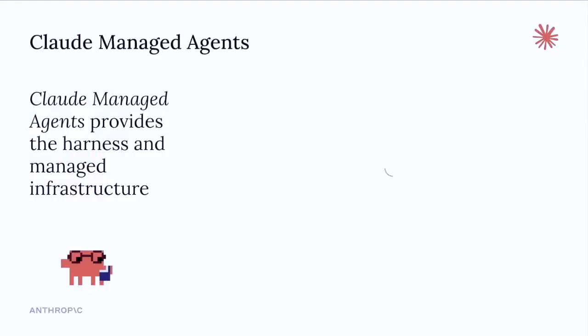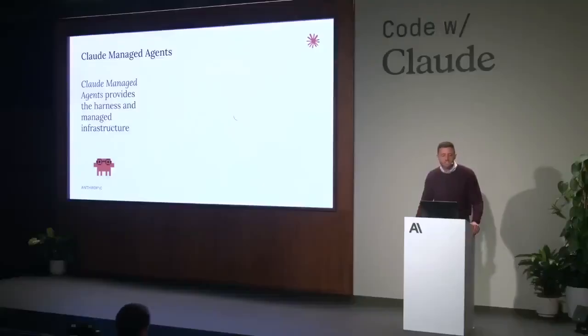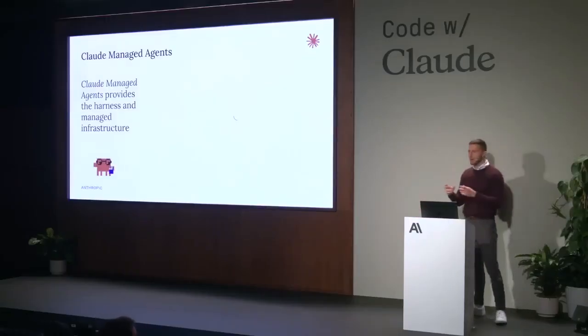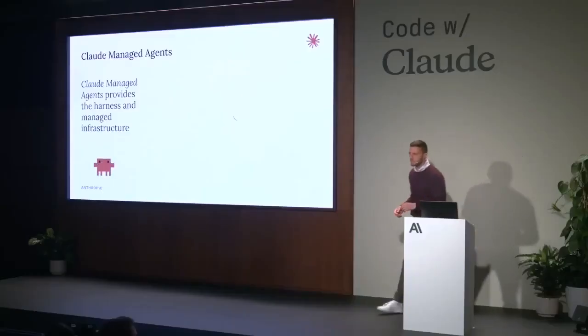Claude Managed Agents essentially allows us to offload the messiness that comes with maintaining an agentic harness and scaling agents safely and securely to thousands and tens of thousands of users, right? If I want to build my agent locally and run it locally, I can do that pretty quickly and pretty easily.